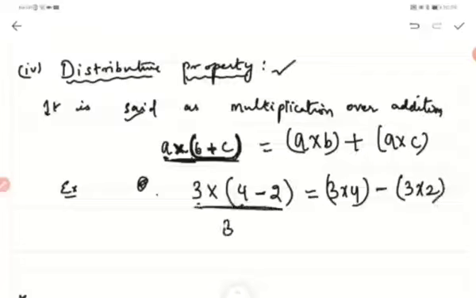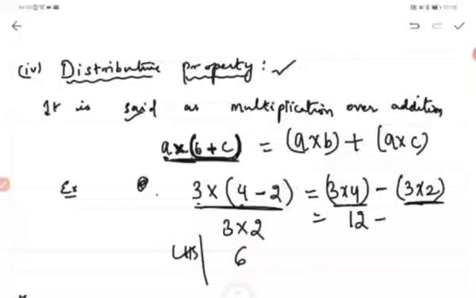Let's check whether it is true or not. 4 minus 2 is how much? 2. So here you have 6 on the left hand side. On the right hand side, 3 fours are 12, and 3 twos are 6. So 12 minus 6 is how much? 6. This is the RHS, so again it is equal.